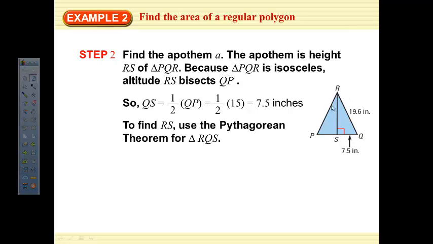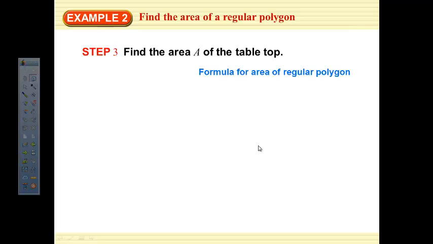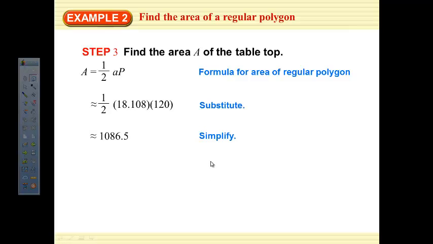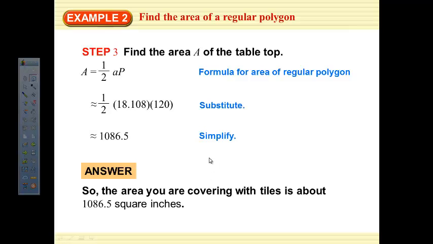We use the Pythagorean theorem to find RS. Oops, back it up. And we get what I told you, and then we plug everything in. If we do that, our answer is 1086.5. I said 0.50, so I rounded differently.